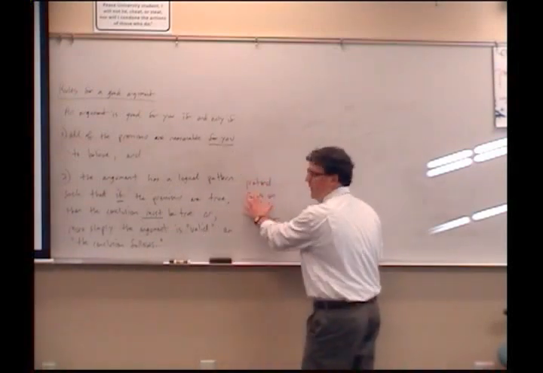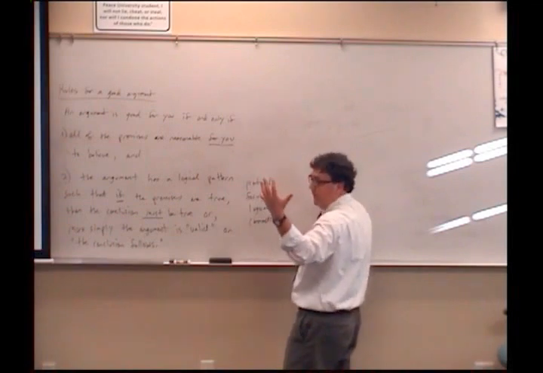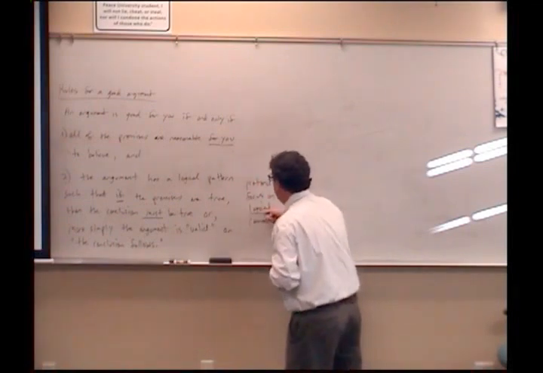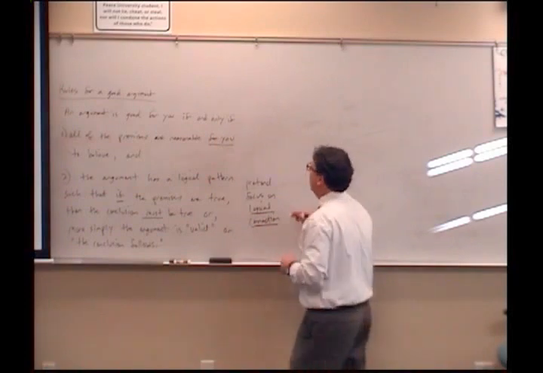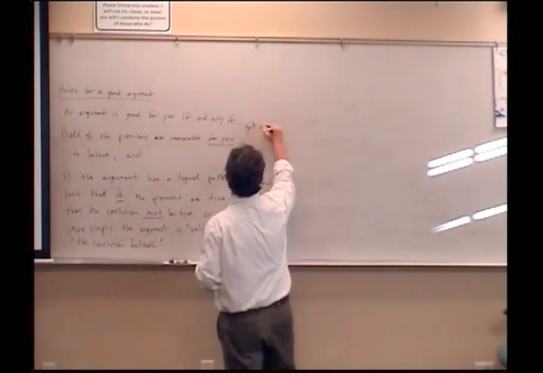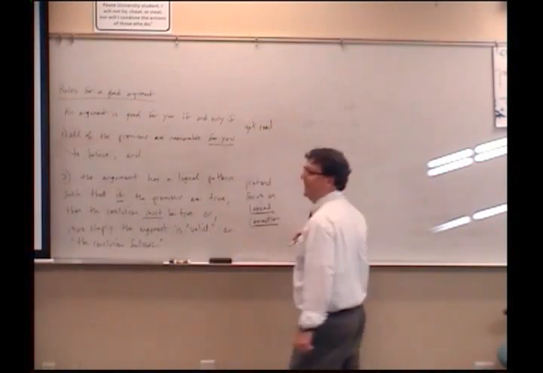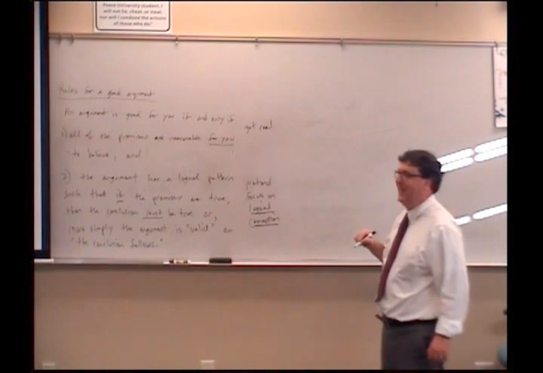So what you're doing here with Rule 2 is you pretend the premises are true. What if they were true? But your focus is really on the connection between the premises and the conclusion. Here, you do what people call get real. That's so funny that people say that, and it makes sense.